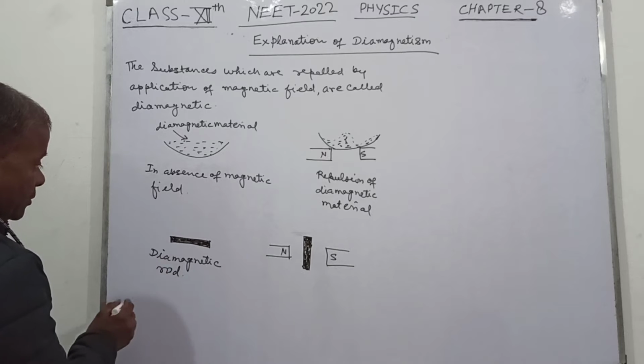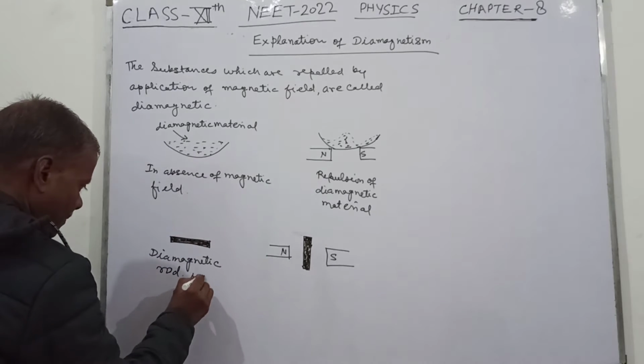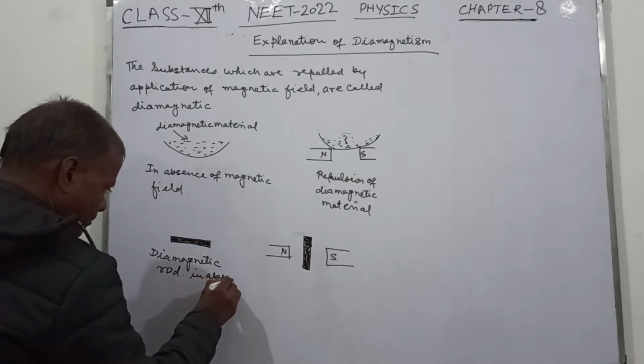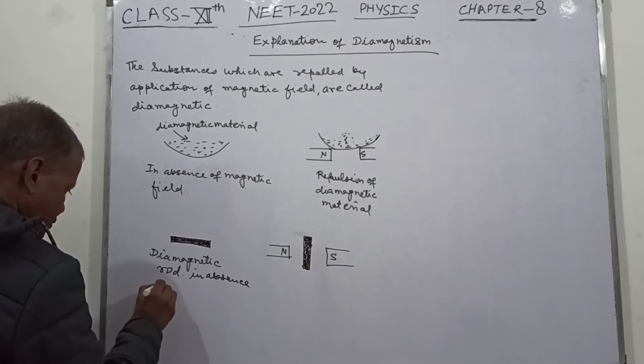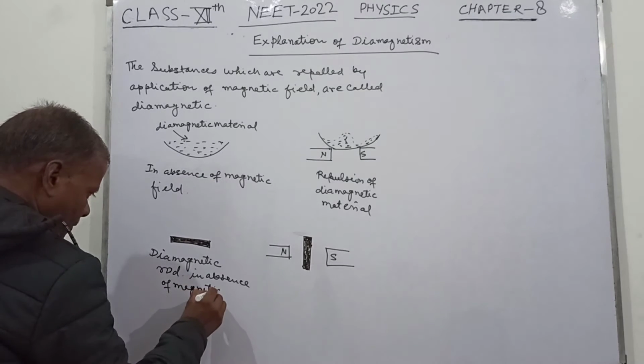So this is the diamagnetic rod in absence of magnetic field.